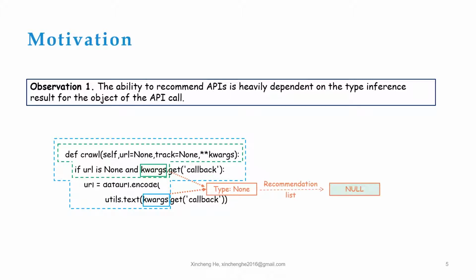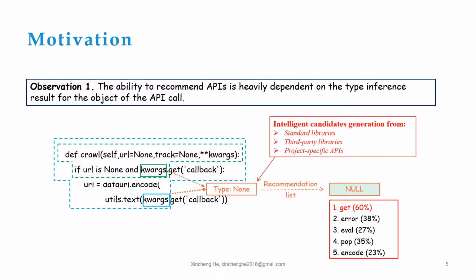The reason is that it cannot infer the type of the caller object. In contrast, PyART can suggest API candidates from different aspects, and hence it would not yield an empty list, even if the type inference is not successful. And in this case, it suggests a number of APIs with the correct one ranked first, with 60% probability.